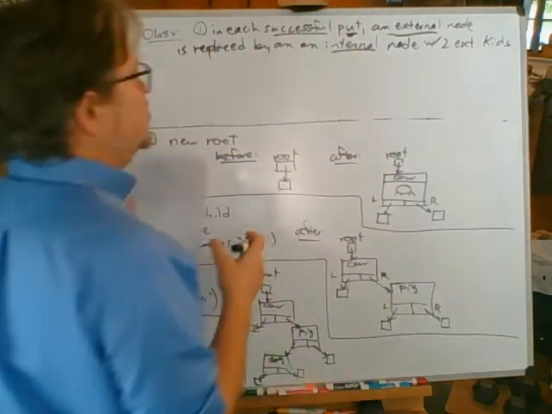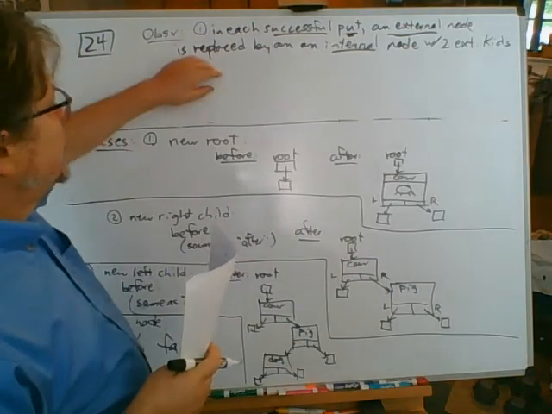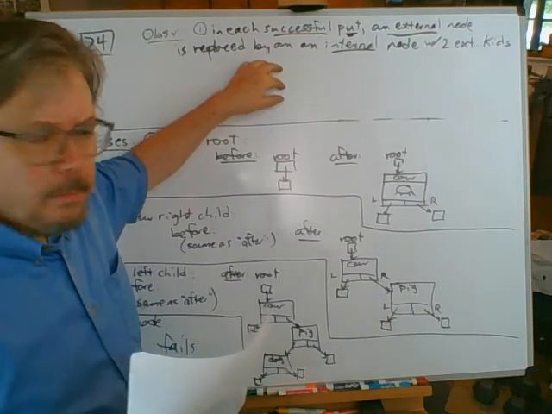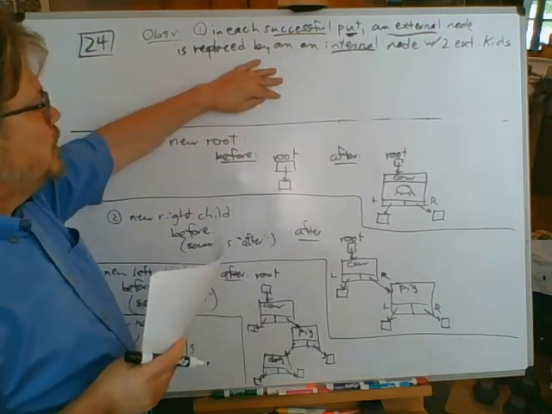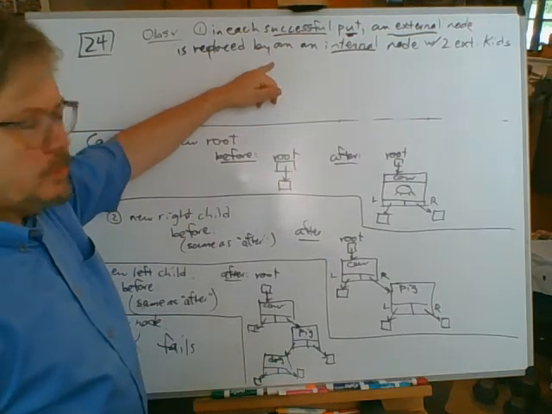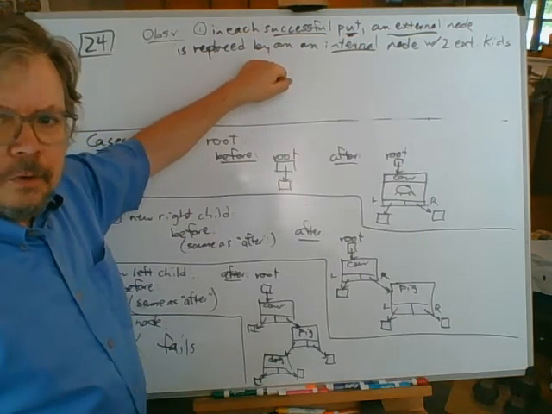It's so abbreviated, I'll read it back in case you can't read it on the board. In each successful put operation in our binary search tree that's implementing a dictionary, an external node, one of the little squares, is replaced by an internal node with 2 external kids. I don't know if I believe that.